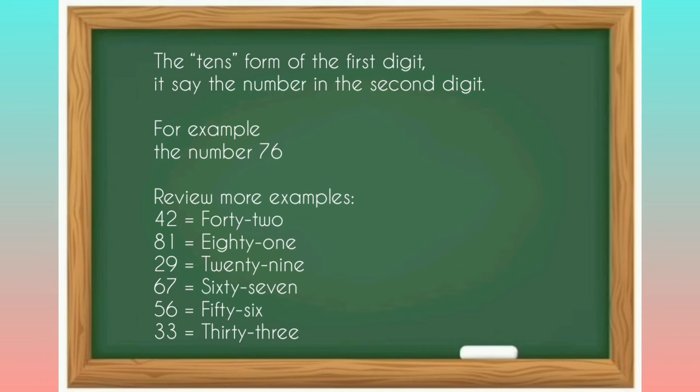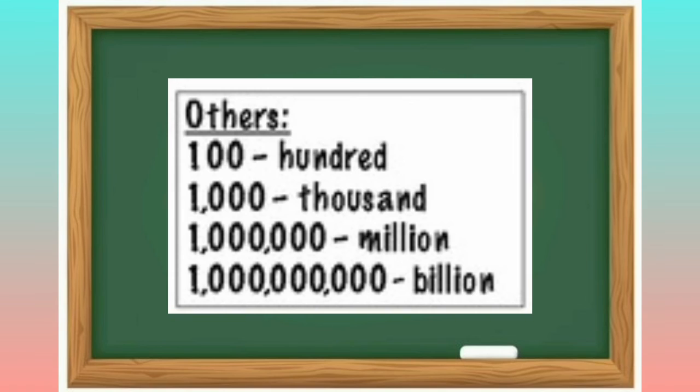And the last part of cardinal numbers is counting the hundreds and thousands. So you have to notice that the comma is placed to separate the groups of 3 digits.